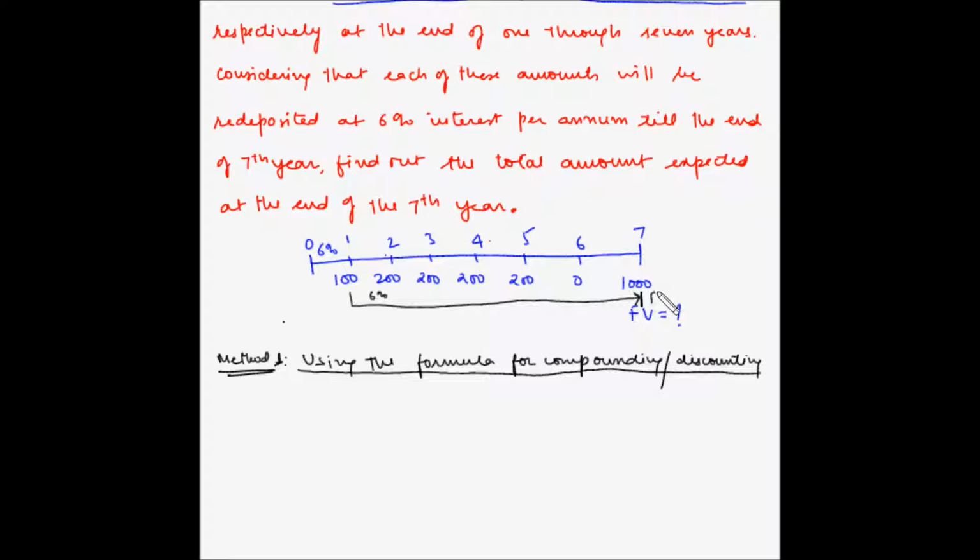We can call this FV1. Next we can take this 200 rupees and see what that will amount to at the end of 7th year. We can call this FV2 and so on.